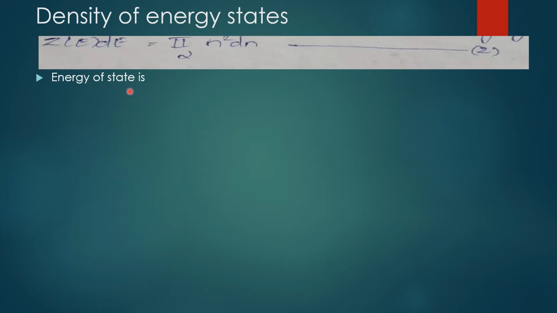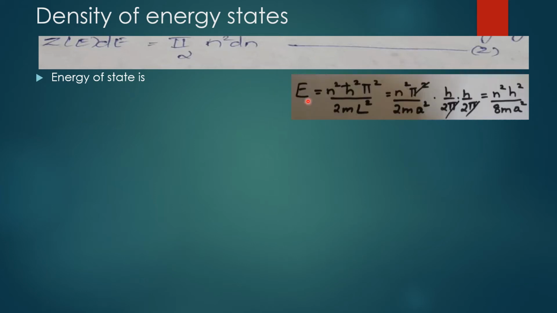The energy of a state is given by E = n² ħ² π² / 2ma². We substitute ħ = h/2π, so n² π² / 2ma² × h/2π × h/2π comes as n² h² / 8ma².